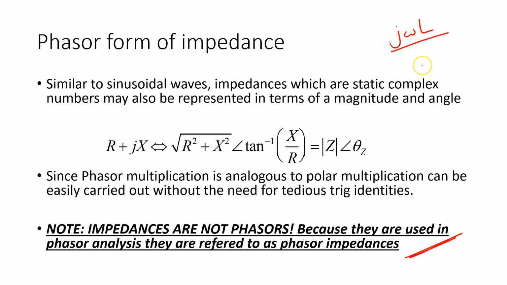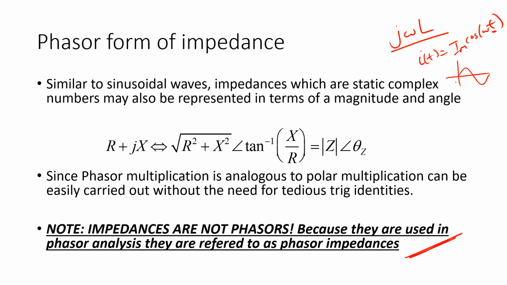If I look at I equal to Im cosine omega t, this omega was related to time, so the value of I changed in time and I could plot it as a sinusoidal wave. That is not what happens with the impedance. It is a static complex number and does not rotate.